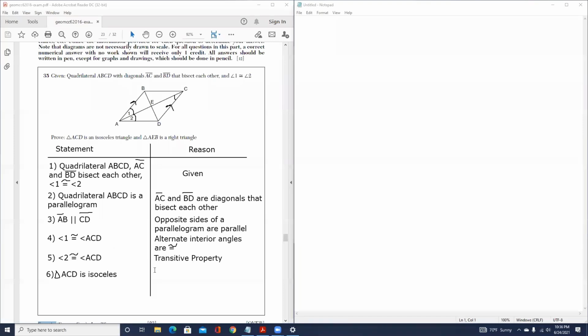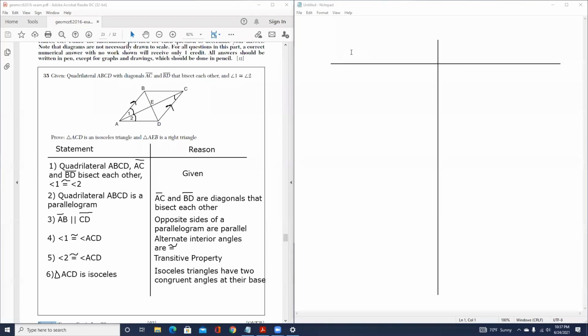Now our reasoning for this is that isosceles triangles have two congruent angles at their base. So I will continue this on this side because we're going to prove the next thing. Here's our statement, here's our reason.